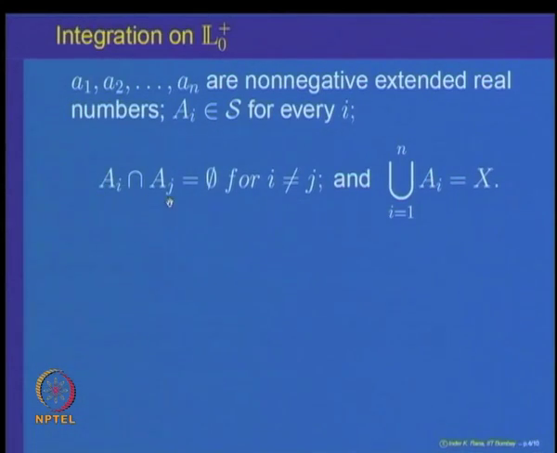That means, A_i intersection A_j is empty for i not equal to j, and the union of these sets is equal to x. So, this is going to be the class of non-negative simple measurable functions.